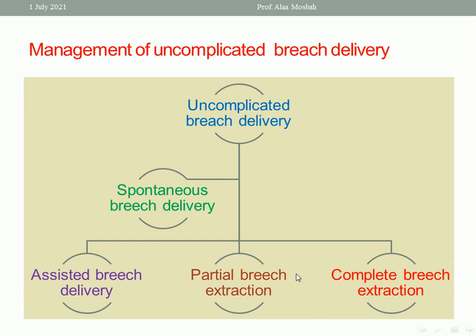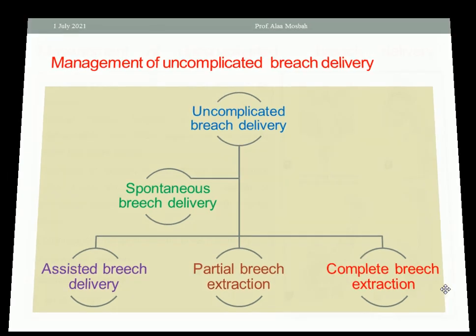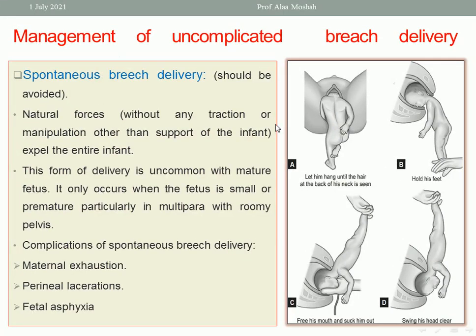Or complete breech extraction, the obstetrician will do the whole process from the buttocks up to the head under anesthesia. So we call it complete breech extraction. This is the management of uncomplicated. So let us start with the spontaneous one.